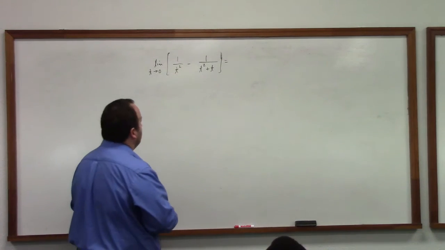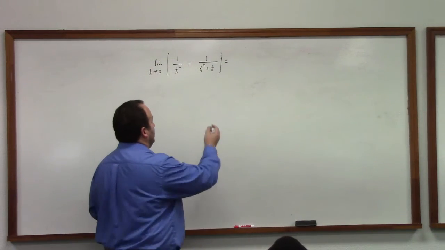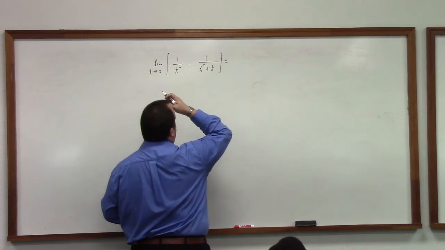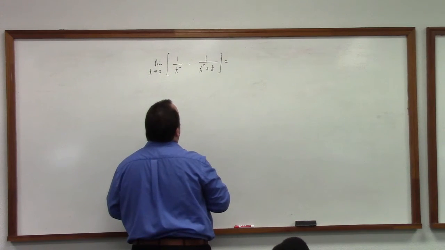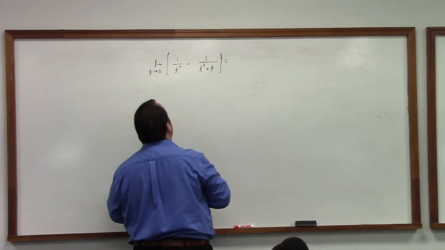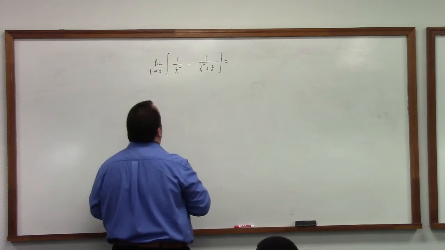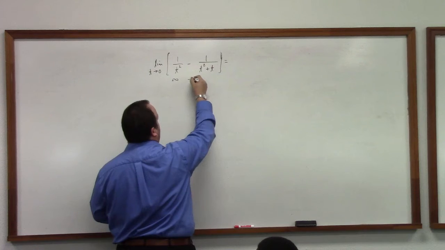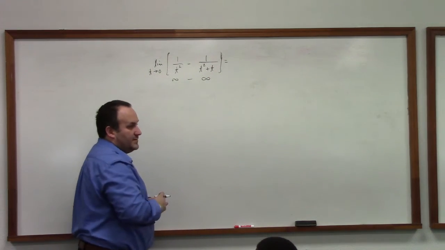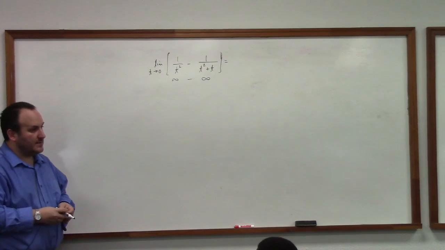I would make a common denominator and go from there. At the moment, it's type infinity minus infinity, which is an indeterminate form. So what I would do would be make a common denominator.